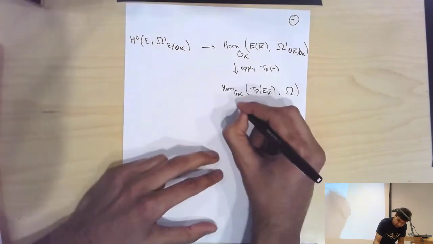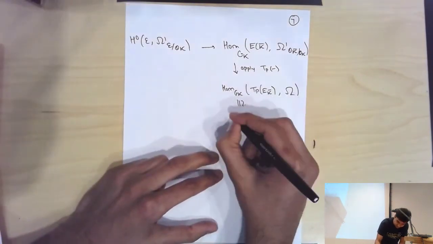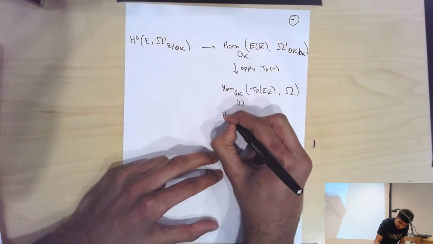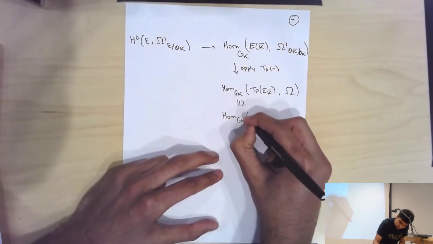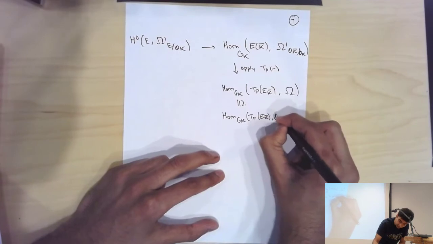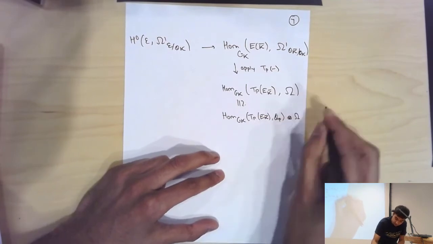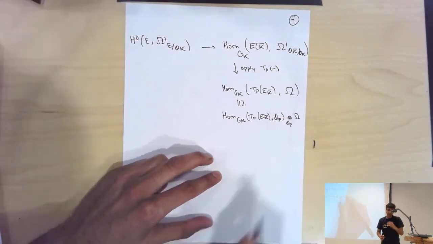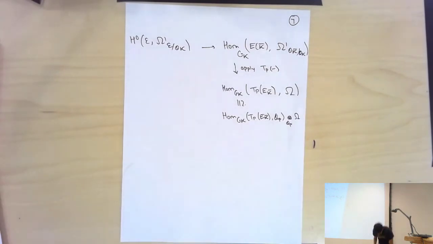And I can write this more canonically, or slightly differently anyways, as Homs over GK from T_p of E of K bar into Q_p, and then I pull out the tensoring with omega on the outside, because it doesn't matter.